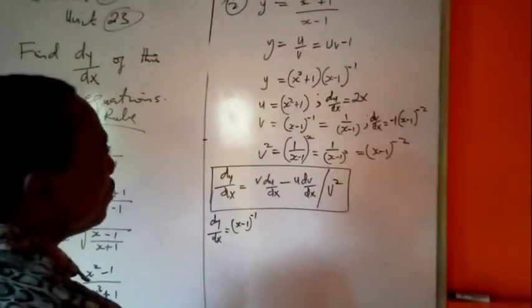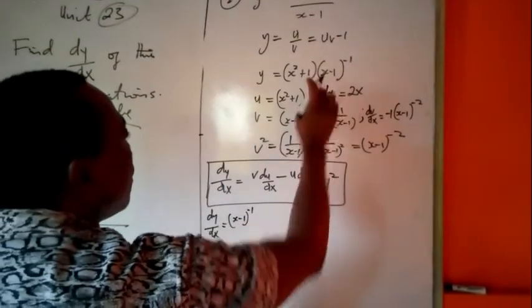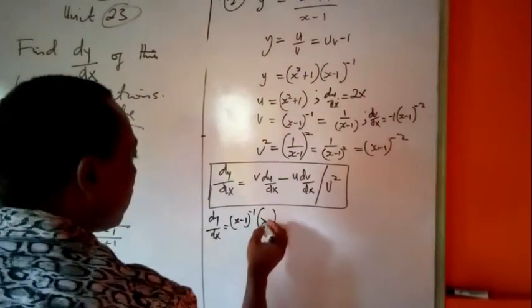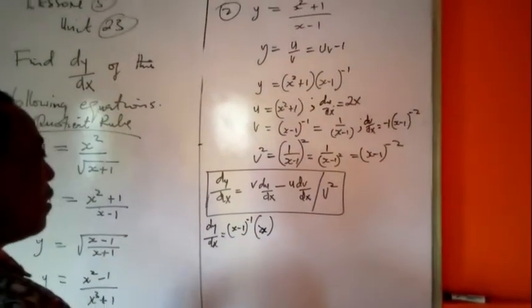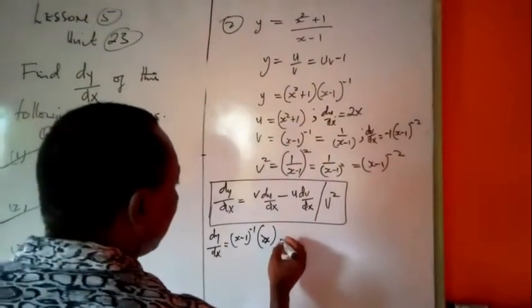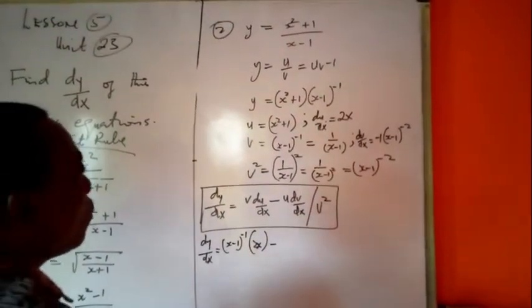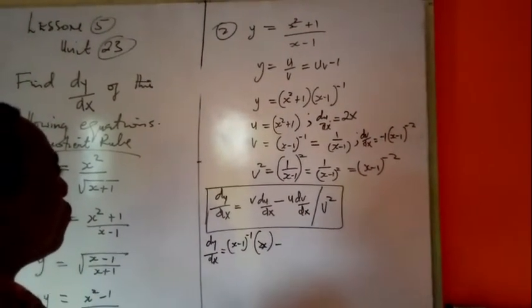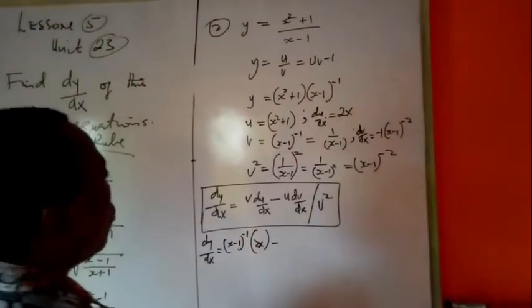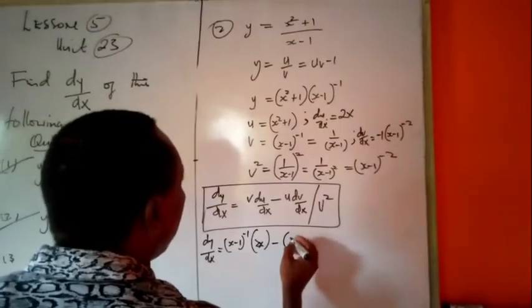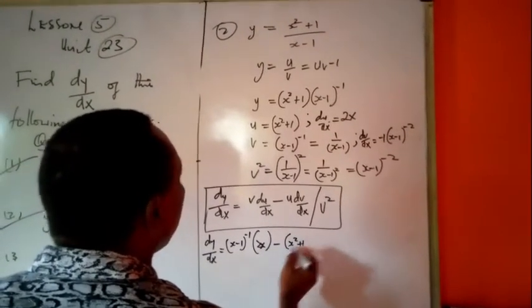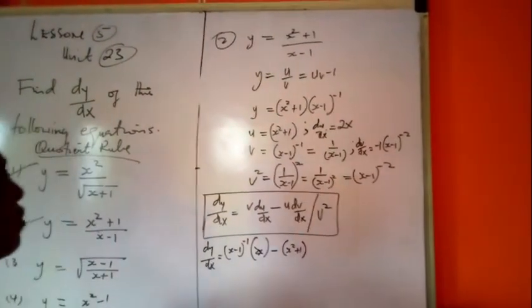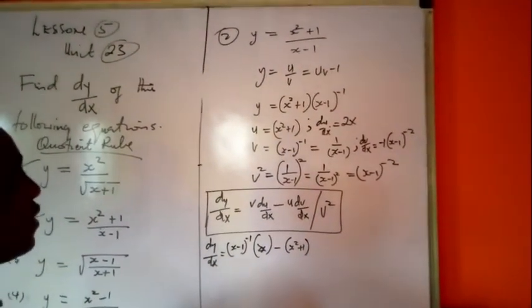Your du dx is simply 2x. Then you have a minus sign. What is your u? You go back. Your u is simply x squared plus 1. That is your u. Now, what is your dv dx?